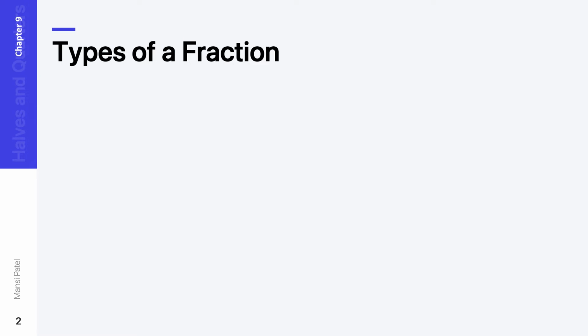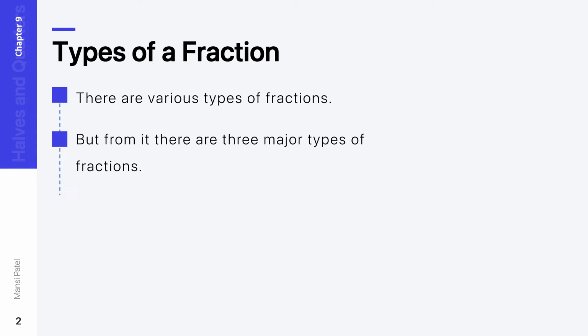Types of fraction. There are various types of fraction. If you study, there are many different types of fraction, but from those, here we are going to study only the major types. So we can say that there are three major types of fraction.